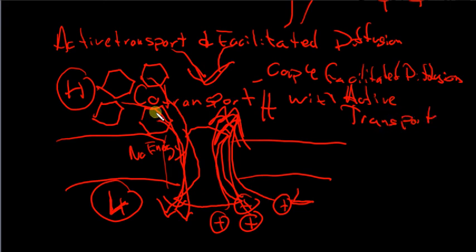So every time a glucose molecule diffuses through this channel protein, the channel protein is going to use that and pump a hydrogen ion out against its concentration gradient. So they really couple active transport and facilitated diffusion together. That's what a CoTransport is.